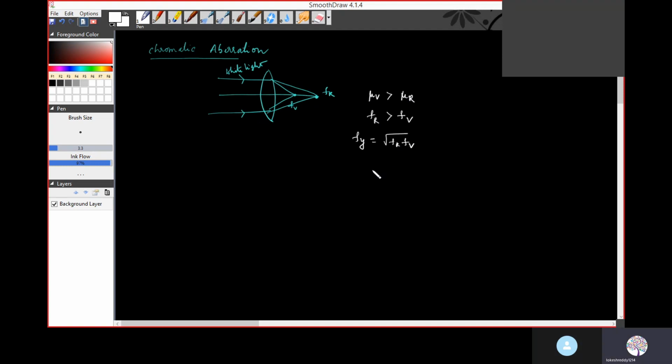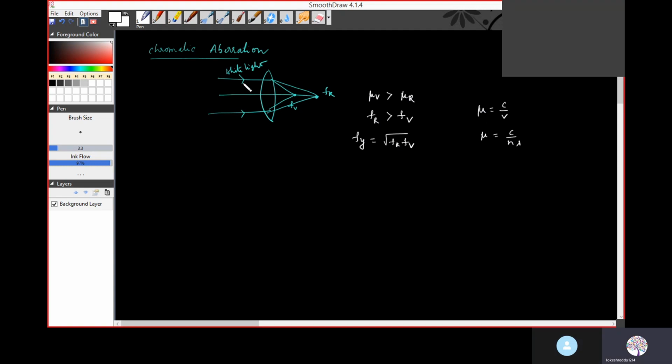The relation between mu and wavelength: mu is equal to c by v, and c by v is equal to n lambda, so it is an inverse relation.